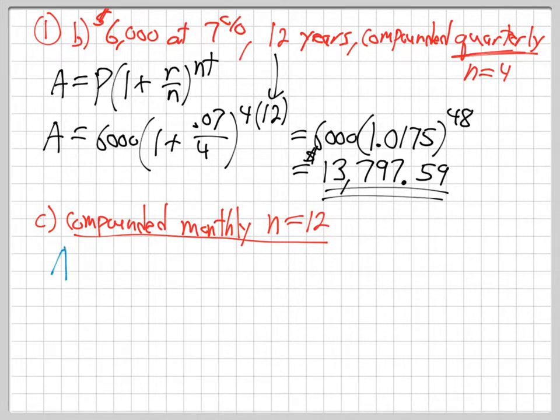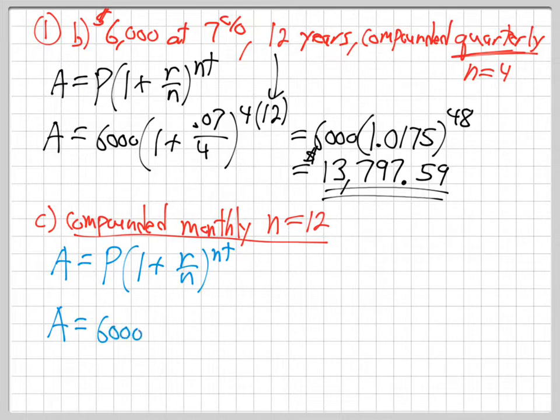So this is going to be the same formula. Just keep using the same formula for compound interest. P is the same, the same $6,000. The interest rate is even the same, still 7%, but this time N is 12. So I'll put a 12 here and a 12 there. The time is still the same, still 12 years. This is T.